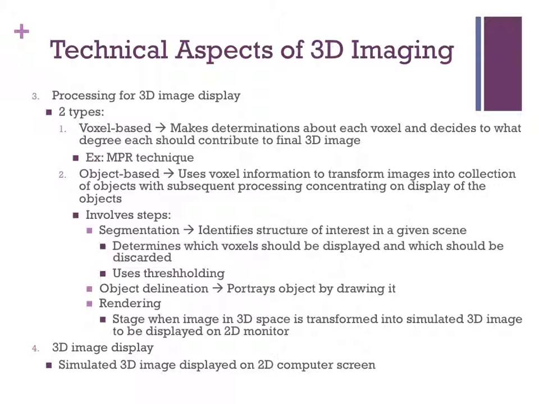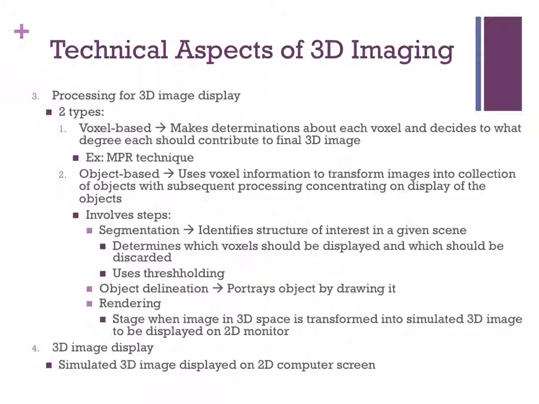The processing of an object model into a simulated 3D image involves steps such as segmentation, which is a processing technique used to identify the structure of interest in a given scene. It determines which voxels are a part of the object and should be displayed, and which are not and should not be displayed.